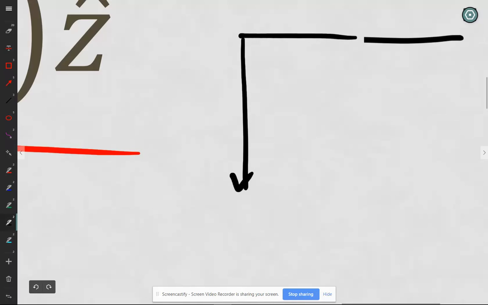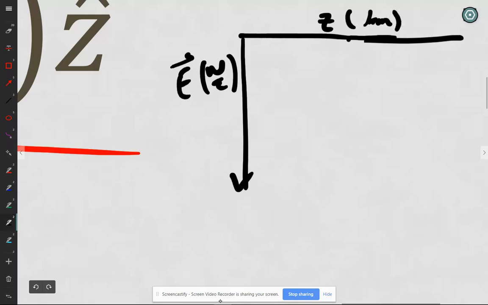And this is going to be the electric field, and this is going to be the elevation z. Because they're exponentials with a negative power, they're getting closer to 0 as you get to larger z. And so it's going to be something like this. That's as close as you can come without knowing what the numbers are. There are different variations on the shape depending on what A, alpha, B, and beta are, but it's going to have to look something like that.